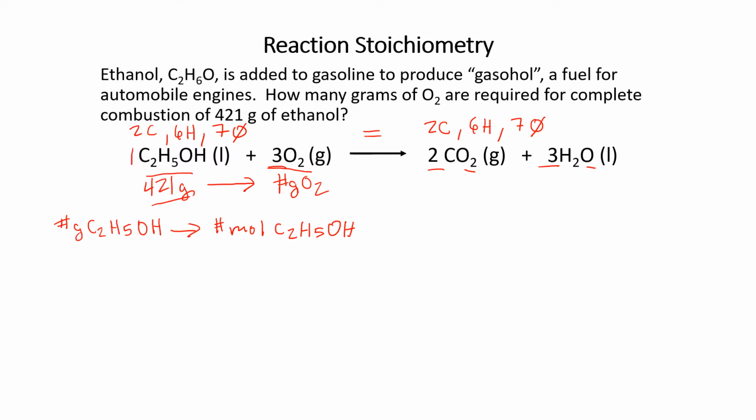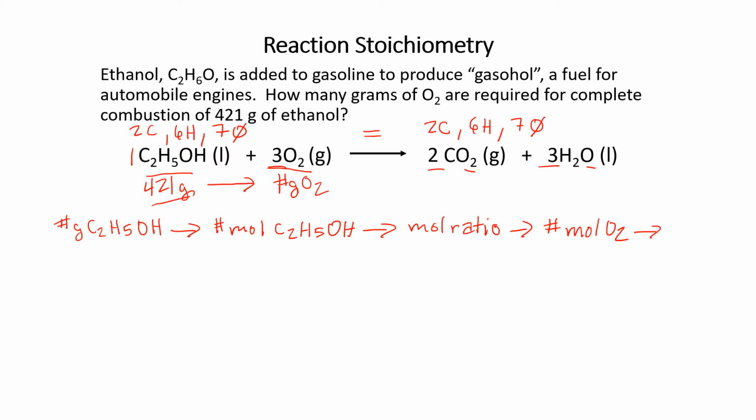See, it's a 1 to 3 mole ratio between ethanol and oxygen. So if I can get to moles of ethanol, that will allow me to use the mole ratio to get to moles, which will give me the number of moles of diatomic oxygen. And then once I'm in moles of diatomic oxygen, guess what, guys?